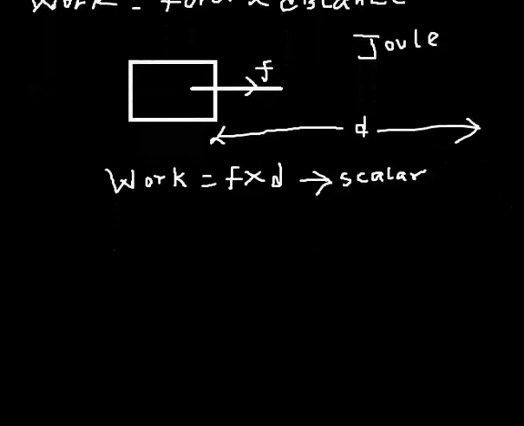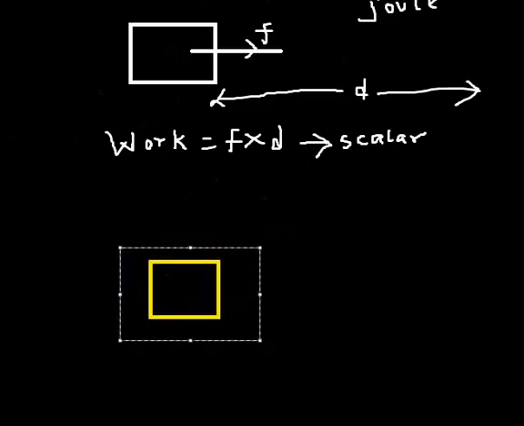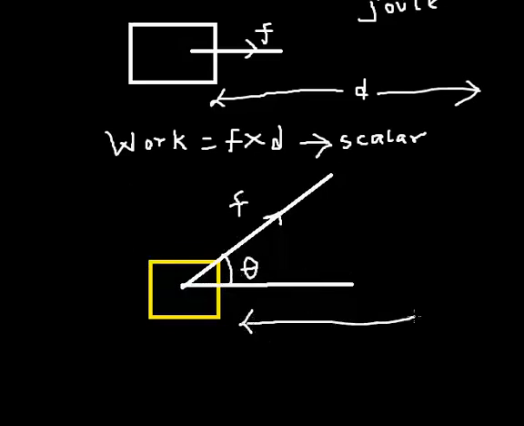Now, what happens when the force applied to that body is inclined at an angle? How do you calculate the work? For example, let's look at a situation where the force F applied to this body is inclined at an angle theta with the horizontal, and I still need to move the body a distance d.